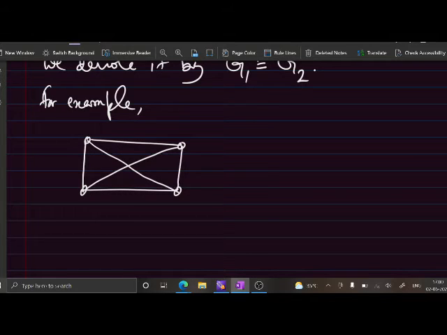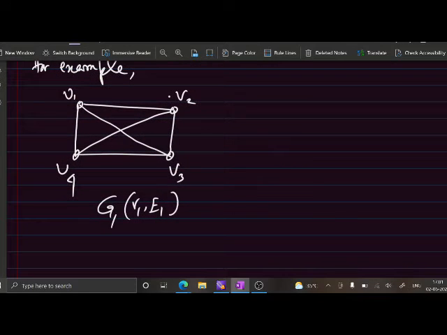So here you can label the vertices, so v1, v2, v3 and v4, and this is your graph G1, V1, E1. Okay, and suppose you take another graph with 4 vertices.